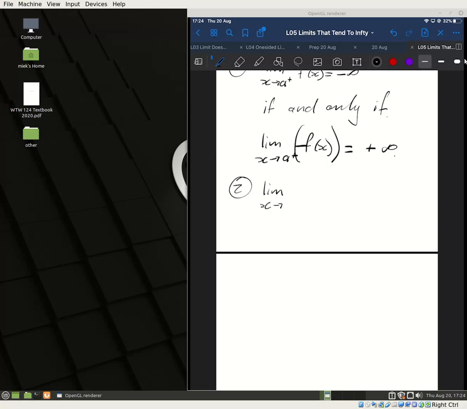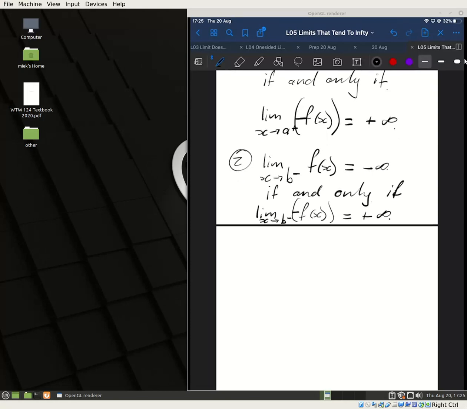The second one is the limit as x tends to b from the left of f of x is equal to minus infinity if and only if the limit as x tends to b from the left of minus f of x is equal to plus infinity.